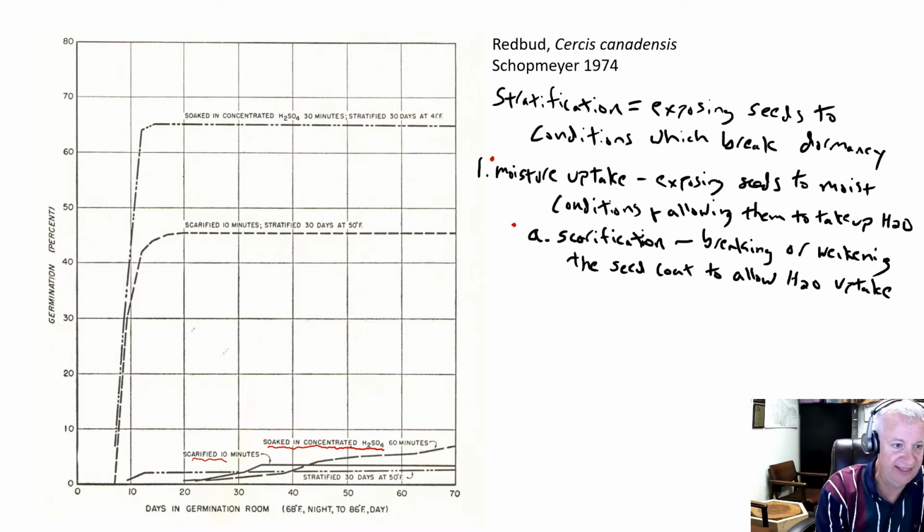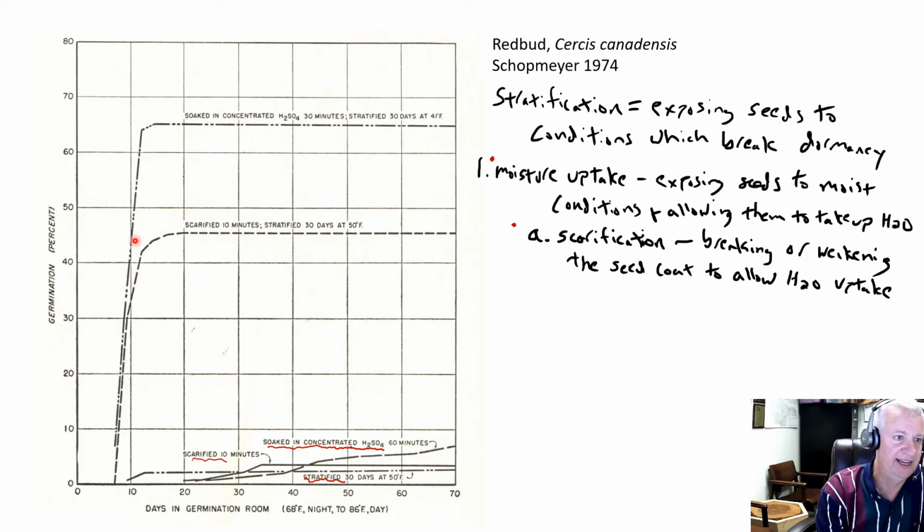And here they say they stratified. And that's a case where I said they're referring to a moisture uptake treatment as stratification. So here they just stratified for 30 days at 50 degrees Fahrenheit. You can see in all of those they have fairly low germination success.